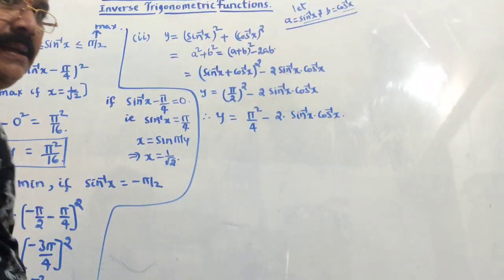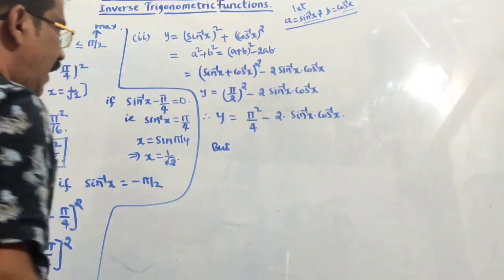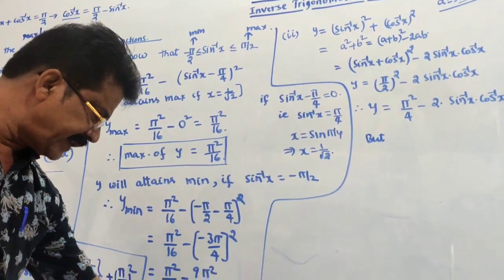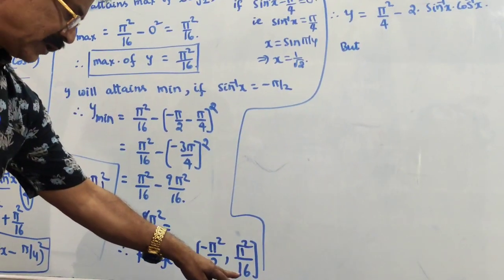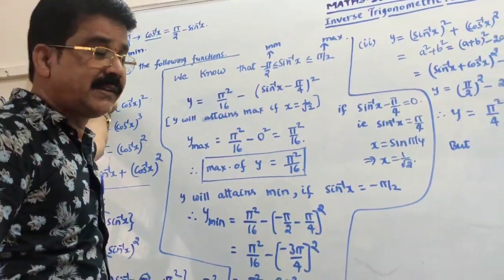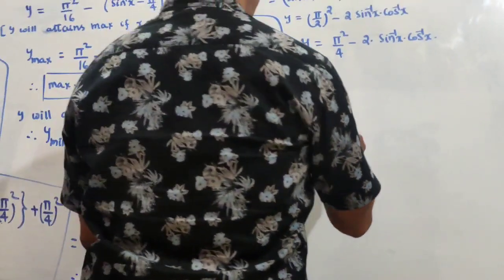But in the first question we have the result, the range is minus pi square by 2 comma pi square by 16 for the first question, sin inverse x into cos inverse x. So that's what I am using, this result.